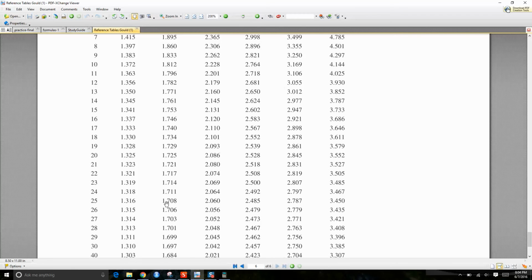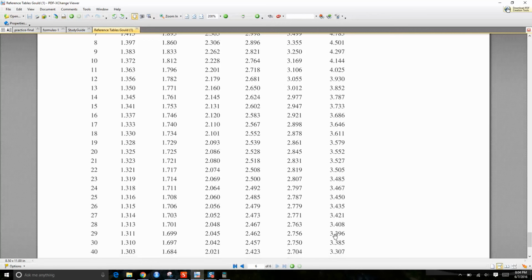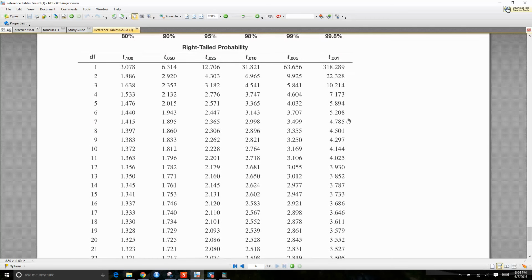At 30 degrees of freedom, we're going to look for 4.216, and we see that it's larger than the last number there, 3.385. That means the corresponding p-value will be smaller than 0.001, because when we look at the column headings, they go smaller as we go to the right.